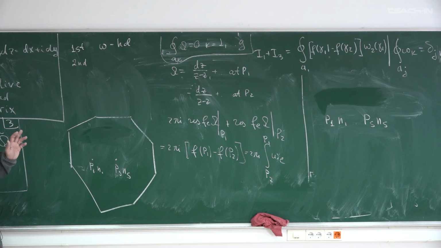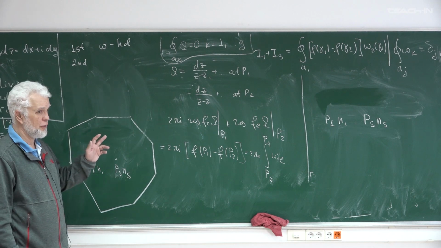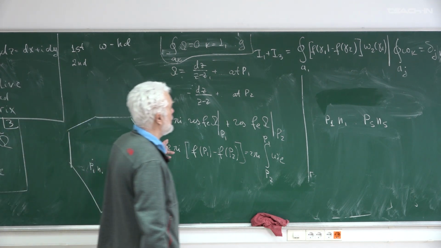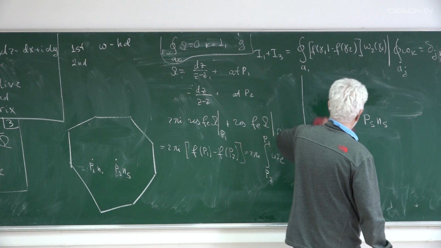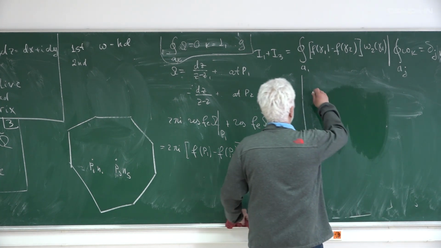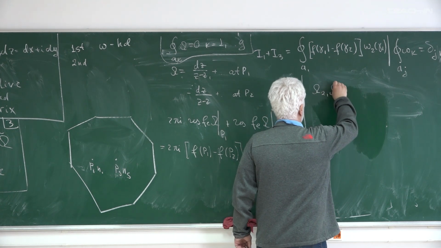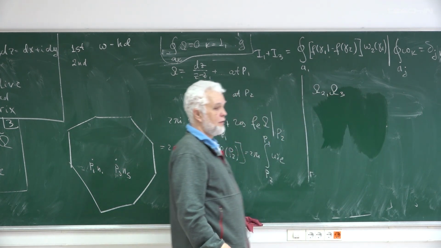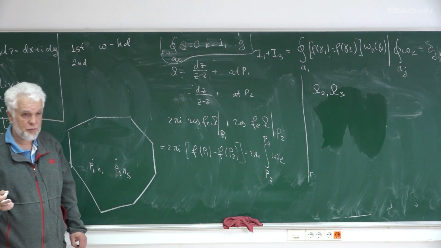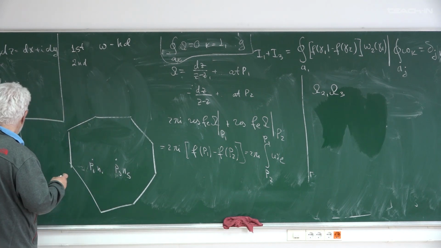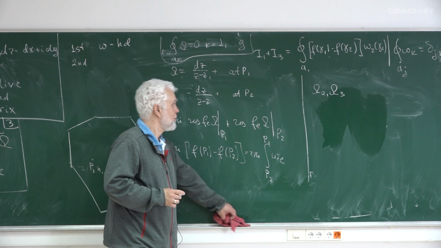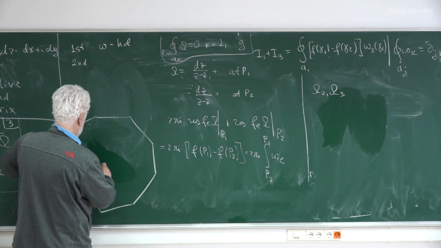But we need some extra formula. Assume that we now have a pair of differentials, omega 1, omega 2, omega 3. You can apply bilinear relations to such a pair. Omega 2 is a differential with some pole at point P_1.